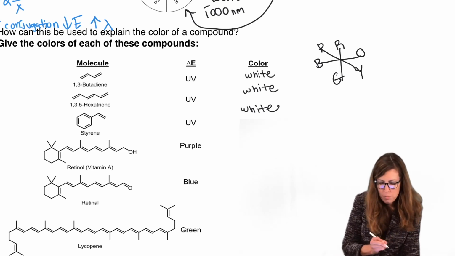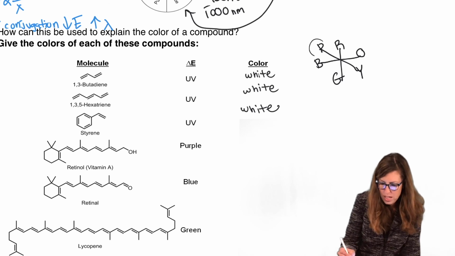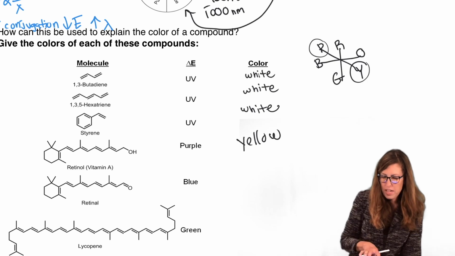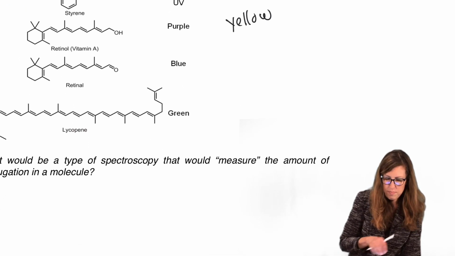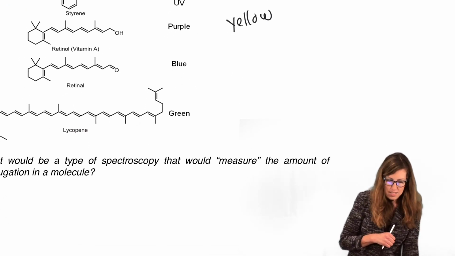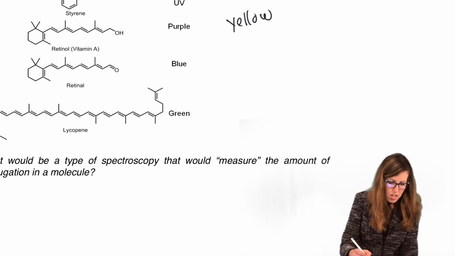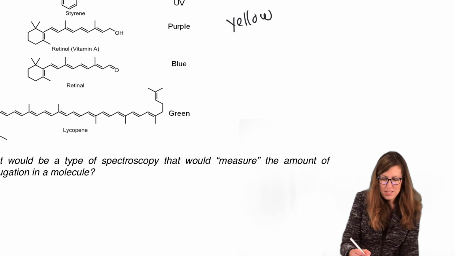So if it absorbs purple, then we see yellow. So retinol, vitamin A, has more of a yellow color. Retinal, and so these are biorelevant, found in carrots, right? Some of these have a lot to do with the chemistry of vision as well.